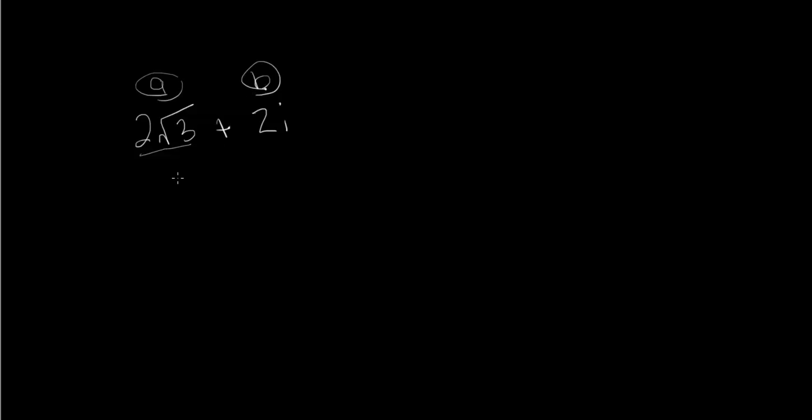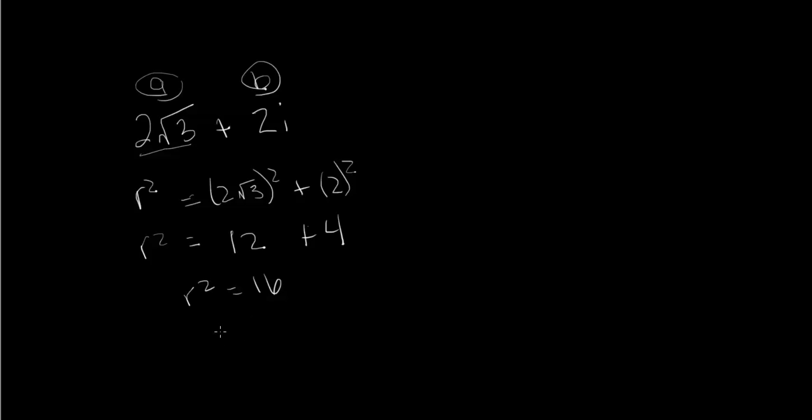If I use my Pythagorean theorem to find r, I can say that r squared is equal to 2 square root of 3 squared plus 2 squared. So r squared is equal to 2 squared is 4, square root of 3 times square root of 3 is 3, so that's 12. 2 squared is 4. So r squared equals 16, and r equals plus or minus 4.